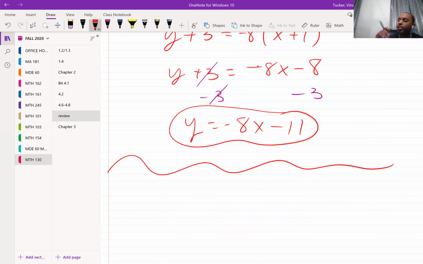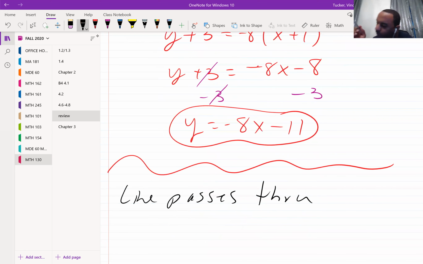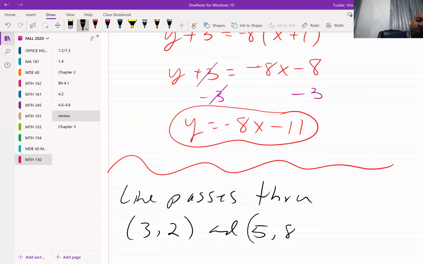What if the line passes through two points?